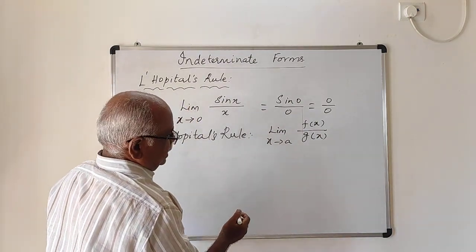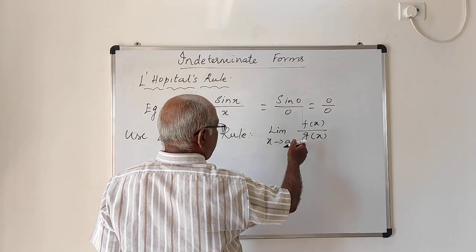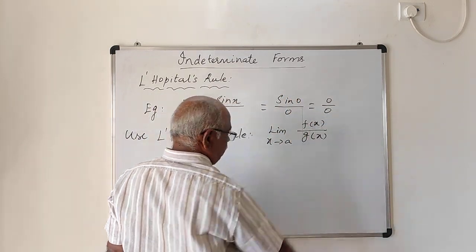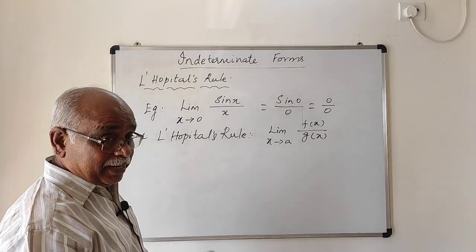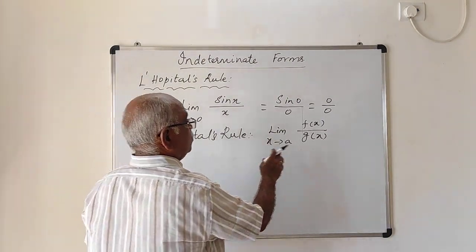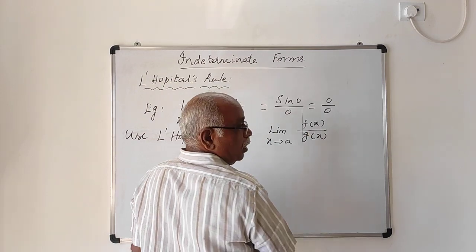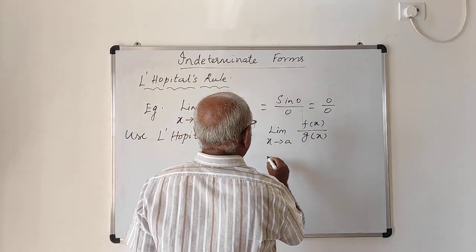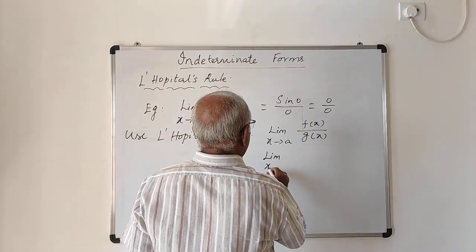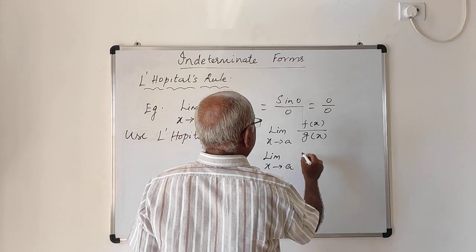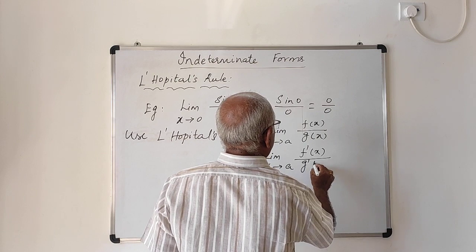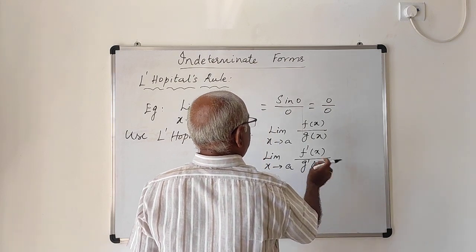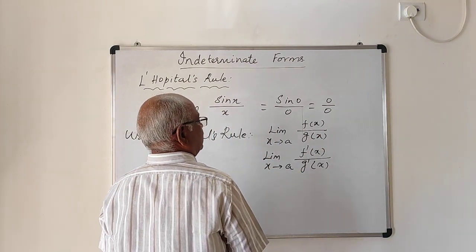L'Hopital's rule states that if after applying the limit you find an indeterminate form, you have to differentiate the numerator and denominator separately, not by applying the quotient rule. Just by L'Hopital's rule, limit x tends to a, the numerator should be differentiated separately and the denominator separately: f dash of x by g dash of x.